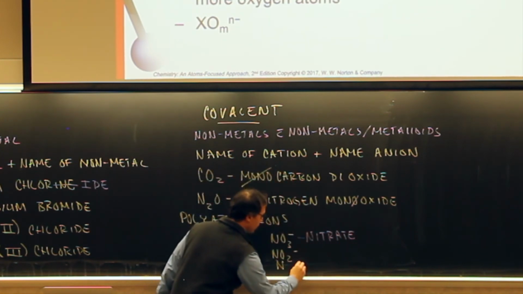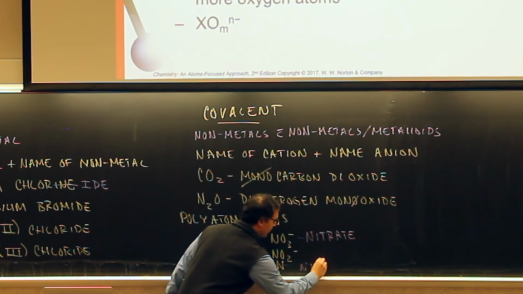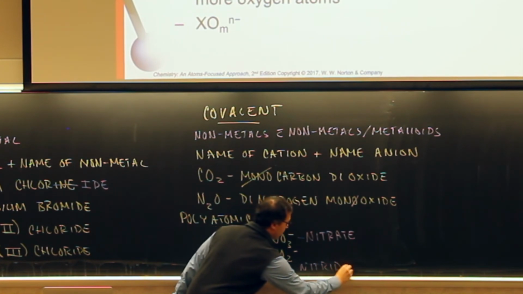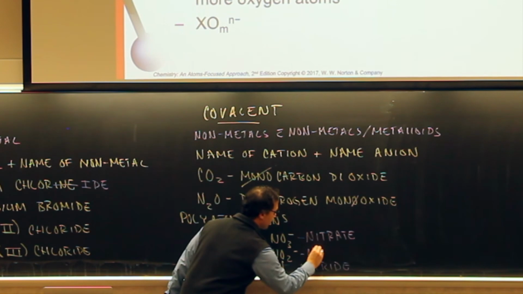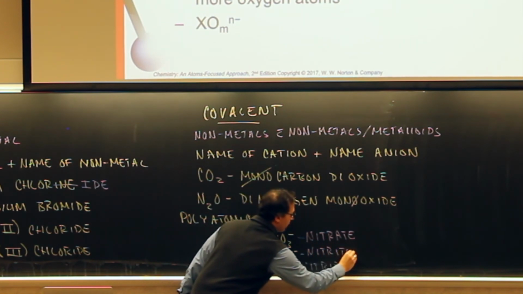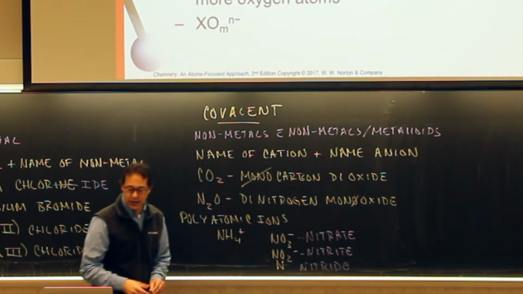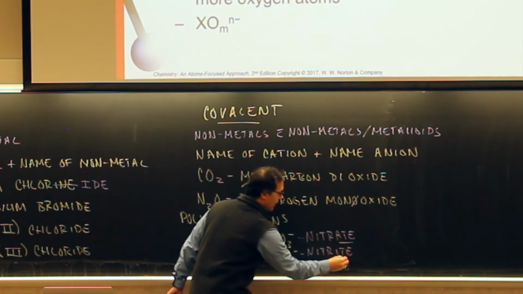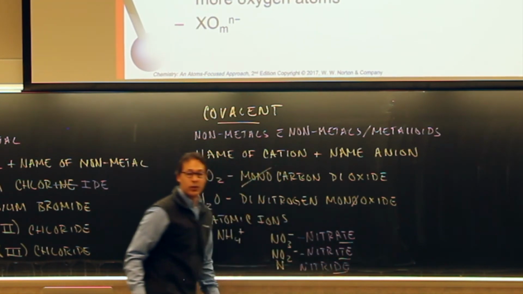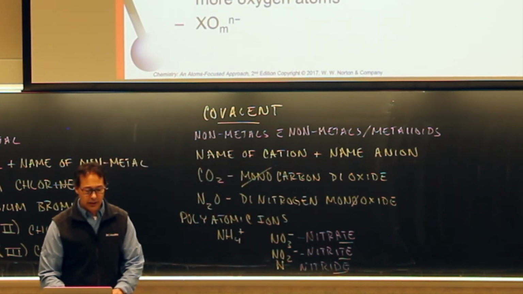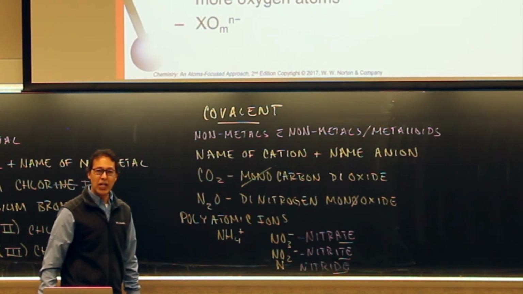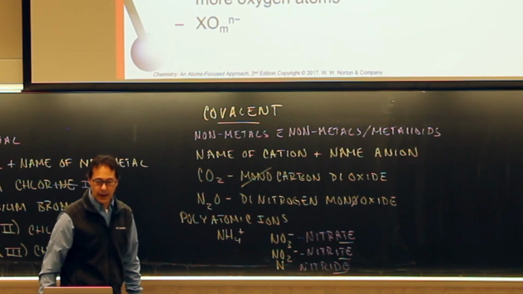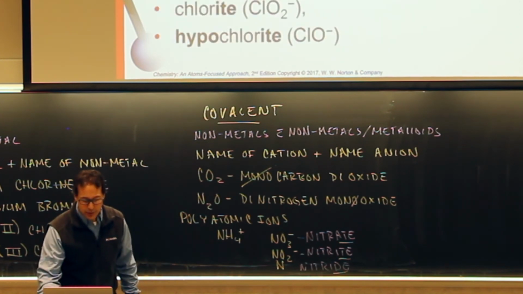Okay, this one down here is nitrite. So they have different endings on there. There's ate, ite, and ide. If you're ever studying a language, I think they call these conjugations, when you change the ending of the word.